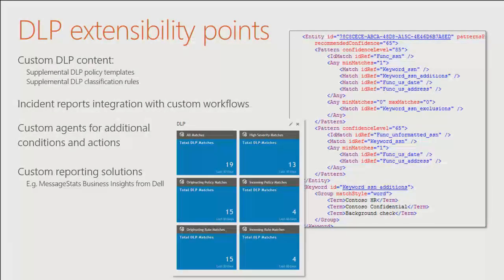Touch briefly about using custom agents on-prem to be able to leverage the detections we have from classification by us marking a header, and then your custom agent using that to do additional specialized processing. And then custom reporting solutions. We already have Dell, who has integrated DLP reporting for our capability into their message stats product.